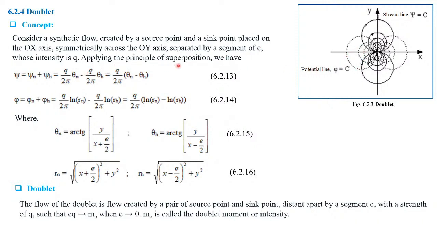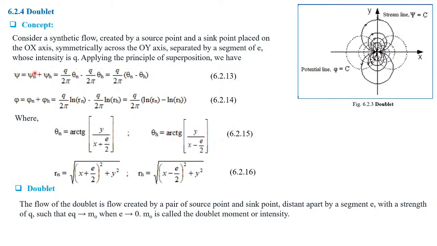Okay. Now we can write the flow by using the principle of superposition. We have psi equal to psi_s, that means psi of the source, plus psi_k, psi of the sink.